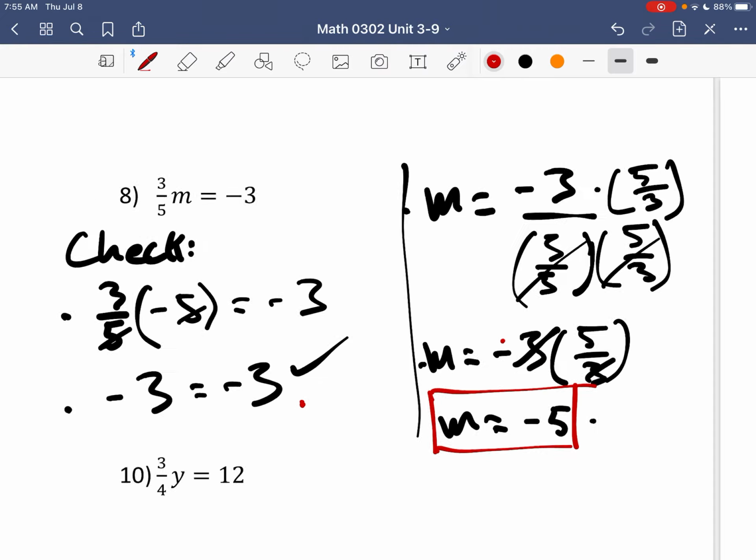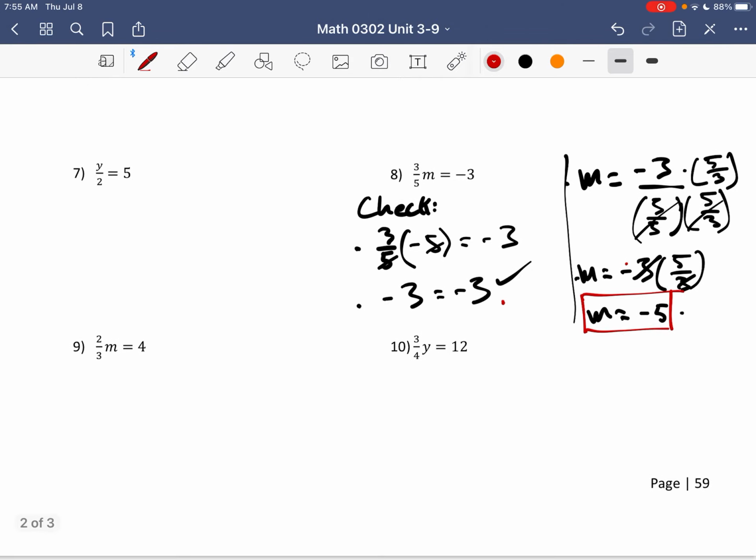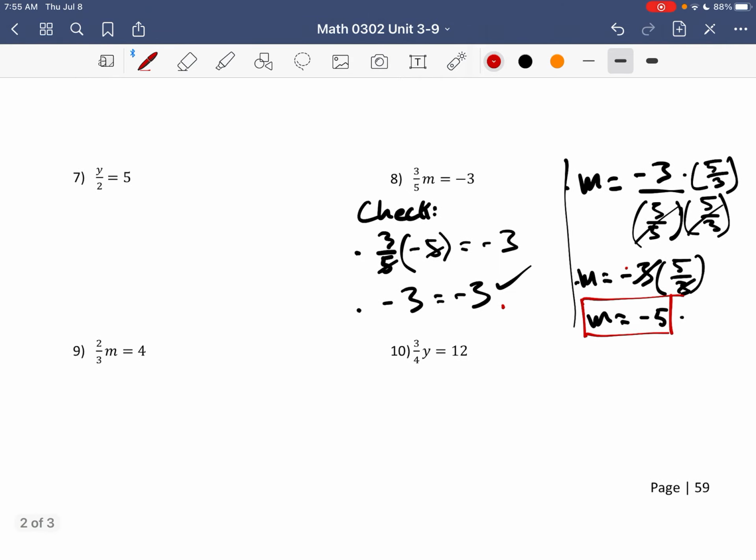What's going on here in problems like part 8 gets more complicated once you start introducing fractions. Now, there is an easier way to solve these types of problems, that is, find the solutions, but I'll leave it up to your instructor to show you a quicker way to do it.